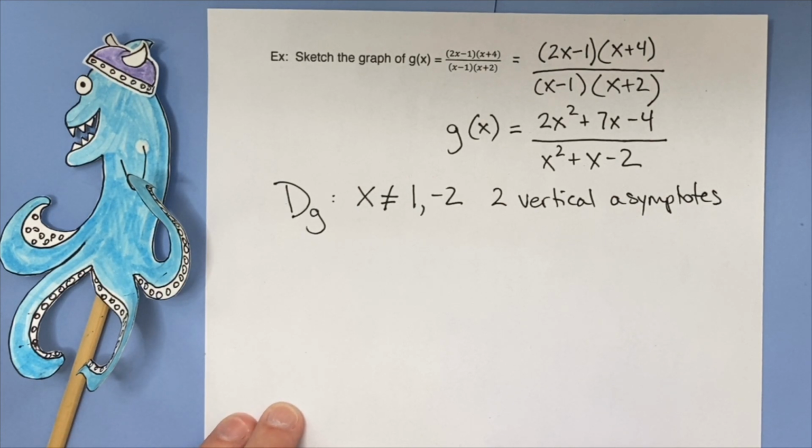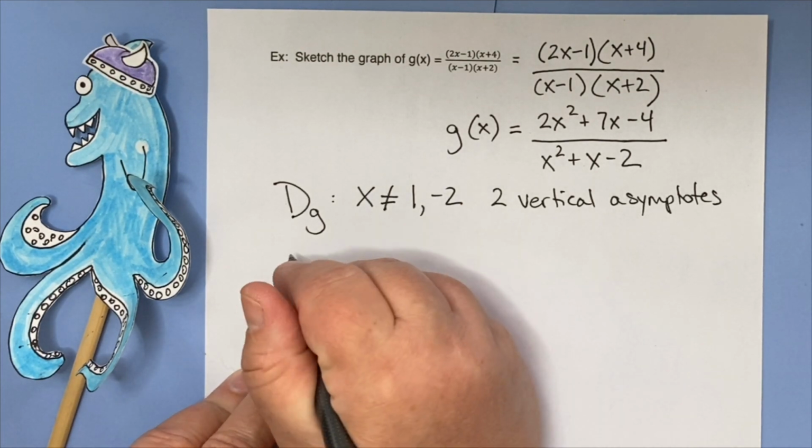Now, for the horizontal asymptote or asymptotes, we're going to have to do some more investigation. There are two ways to go about this, and I talked about this in a previous video.